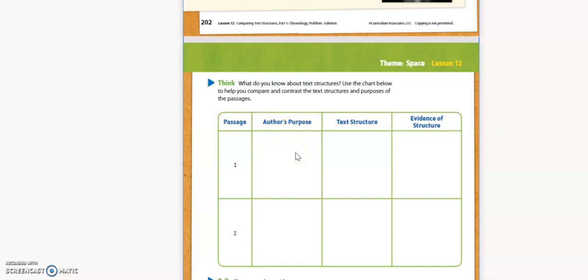Why did the author write this text? Then we're going to determine which type of text structure is present in each passage. And then we know we always have to cite evidence. No one cares about our answers if we cannot support them and back them up. So we will cite evidence in our chart to determine which type of text structure we see.